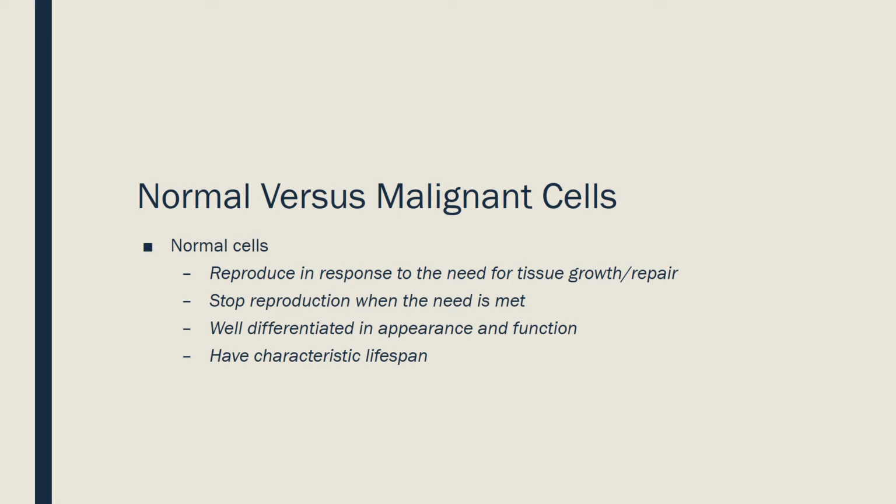Normal cells versus malignant cells, we know that they reproduce in response to the need for tissue growth and repair. So when somebody has surgery or has some kind of tissue issue going on, automatically there's cells that start growing and repairing there.